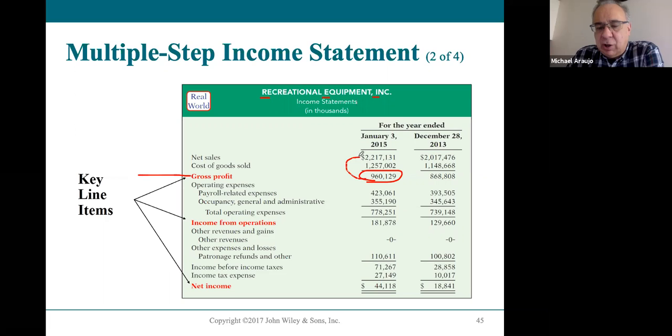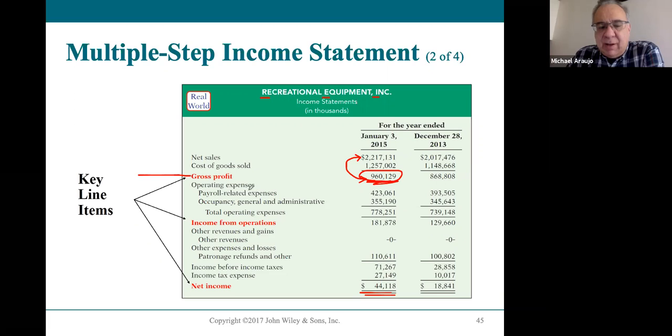How much of the 2.2 billion that the customers gave to them do they still have after they paid for the goods? Well, 960 million, almost a billion. So not that bad, not that bad. Because this gross profit has to pay for all the other stuff before we actually get to net income here.